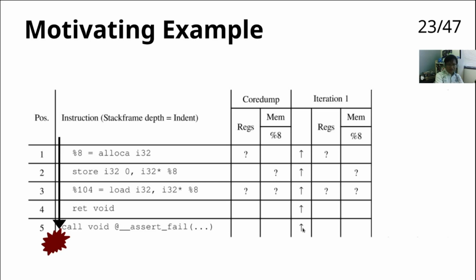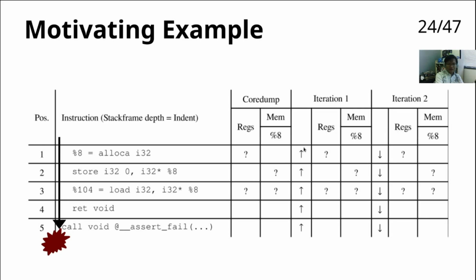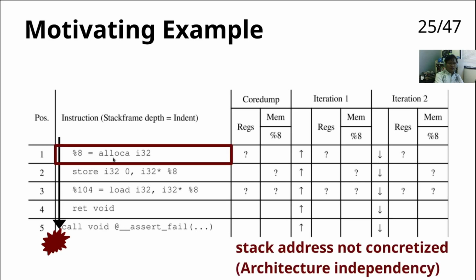So here we first try to reverse execute, but since the addresses are unknown for the load and store, we just simply ignore them. Now we attempt to forward execute. However, the address for the stack allocation instruction is not concretized until compiled into machine code, so it remains unknown.